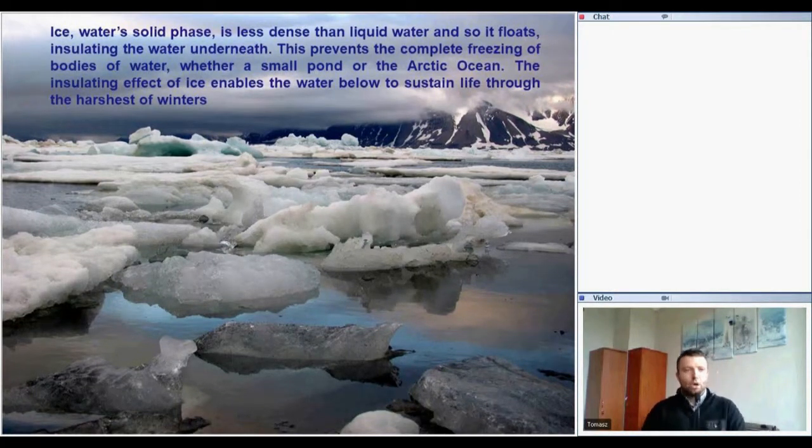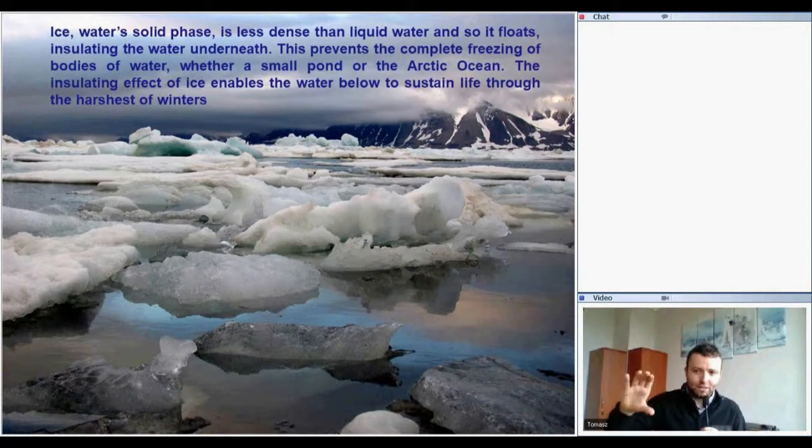Ice, so water's solid phase, is less dense than liquid water, so it can float on top of liquid water, and it insulates the water underneath. So it prevents the complete freezing of bodies of water. It can be ponds, lakes, or the Arctic Ocean.